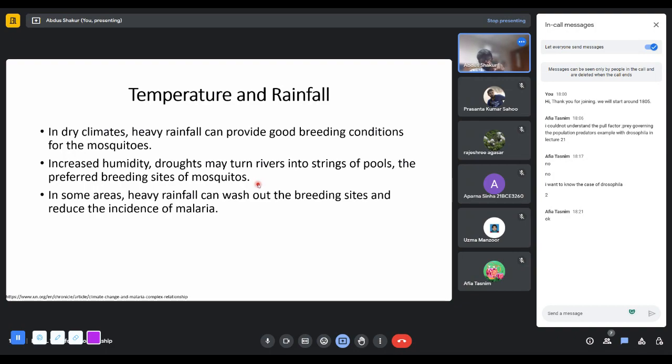But simultaneously, in some areas heavy rainfall can wash out the breeding sites and reduce the incidence of malaria, because there is no longer a population building up. So here the rainfall itself was pulling species into those areas or increasing the number of species. It's also decreasing the number of species, or the incidence if you're talking about malaria.